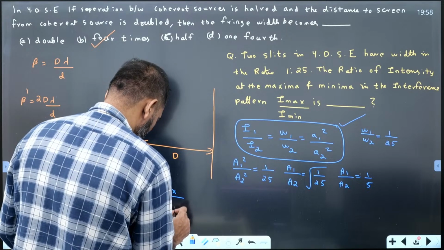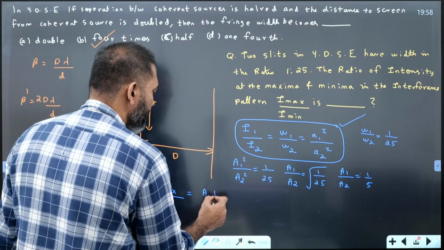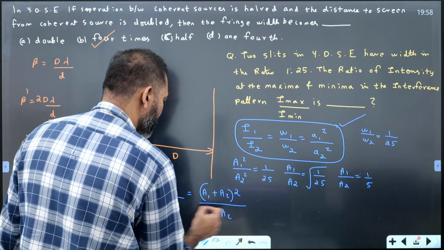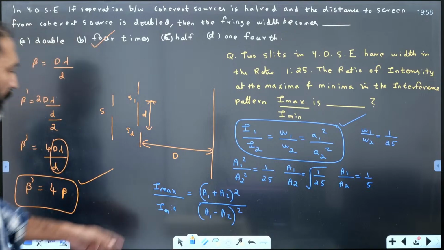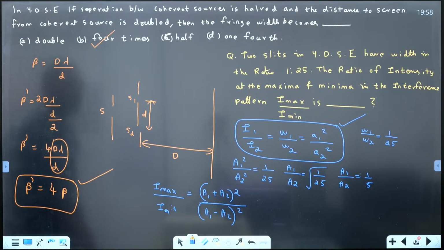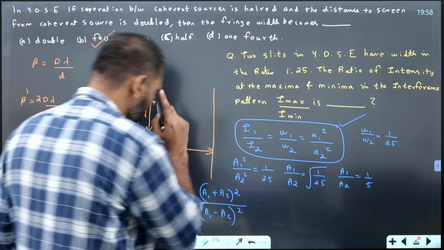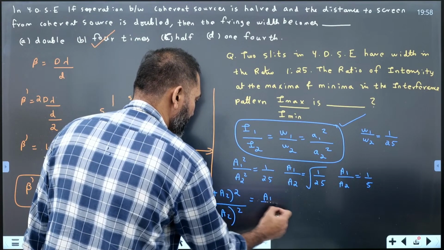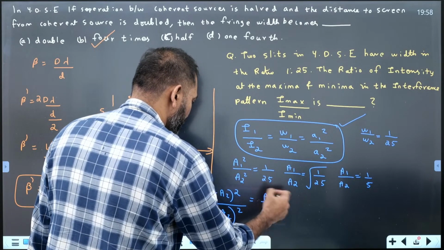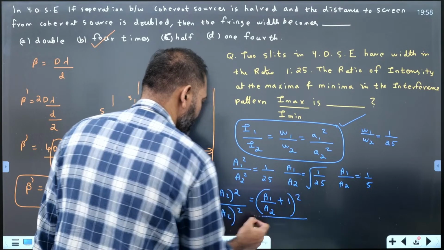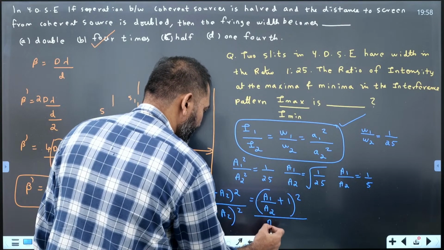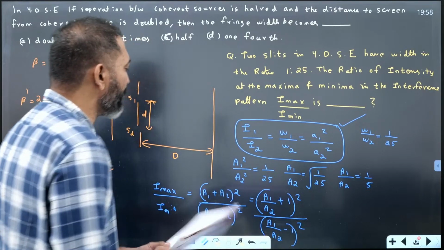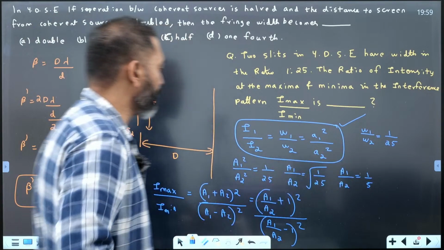What is the equation for Imax? Maximum intensity happens at A1 plus A2 the whole square, and minimum intensity at A1 minus A2 the whole square. If you take A2 common, we get A1 by A2 plus 1 the whole square in the numerator, and in the denominator A1 by A2 minus 1 the whole square. Why am I going for that method? Because I know A1 by A2.